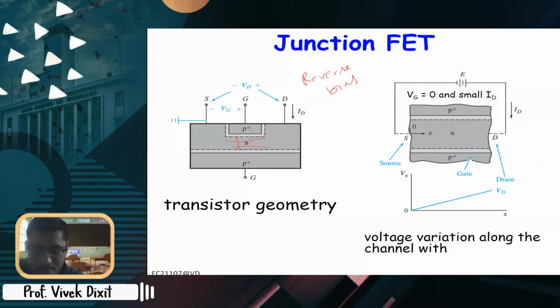Now in this case, we will only apply the reverse bias, so VG has to be less than 0. If you apply a positive gate bias, then of course this diode will turn on and it will not serve the purpose. So the applied gate voltage in this case will be negative only. Then there are two contacts at the ends of this N type silicon, or N channel.